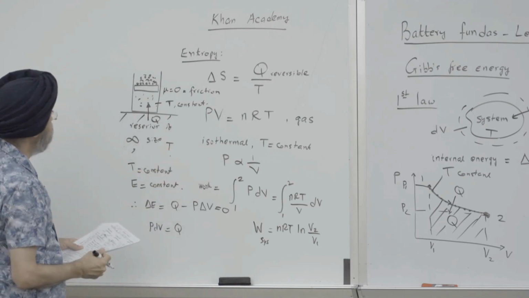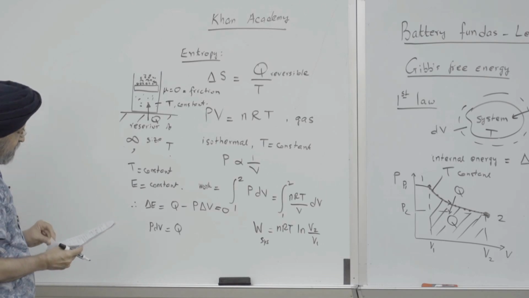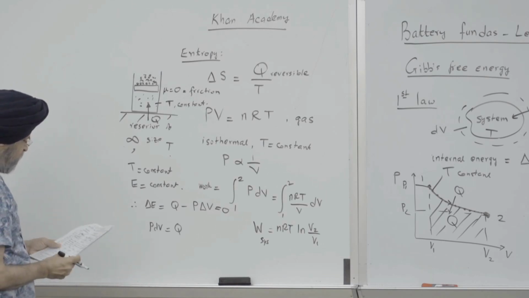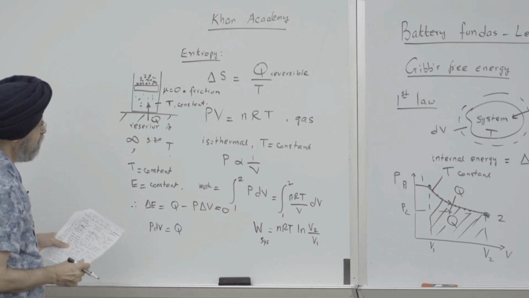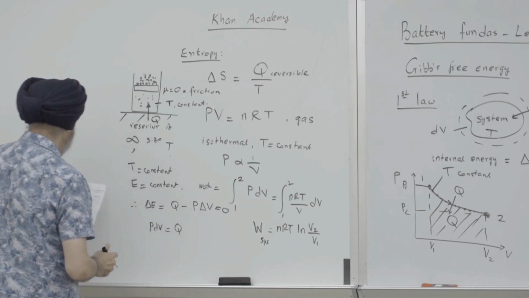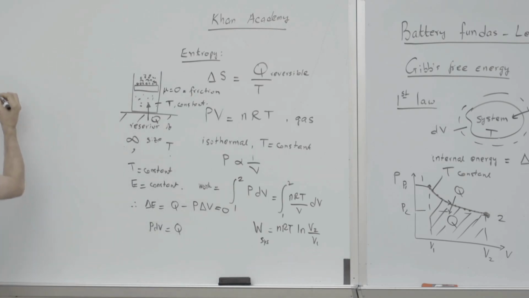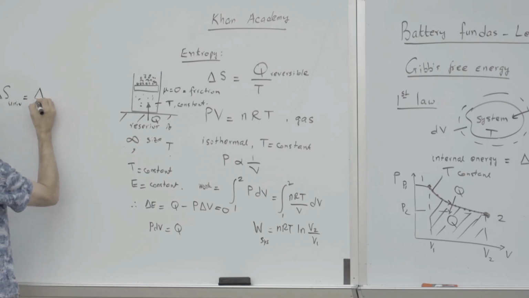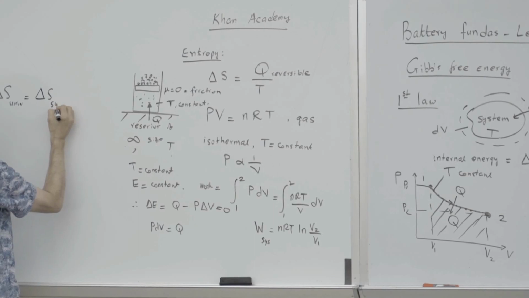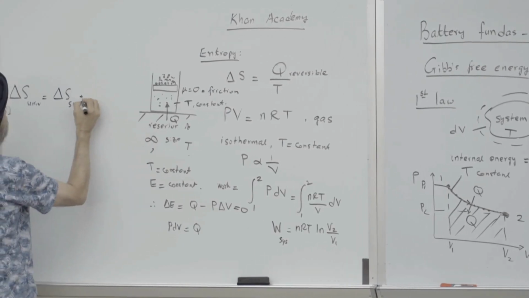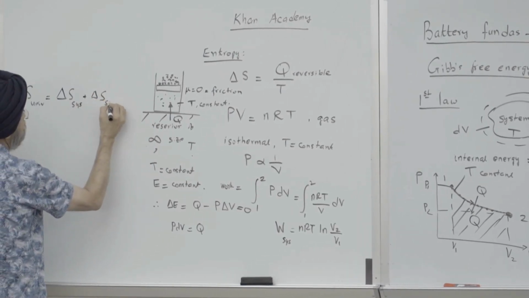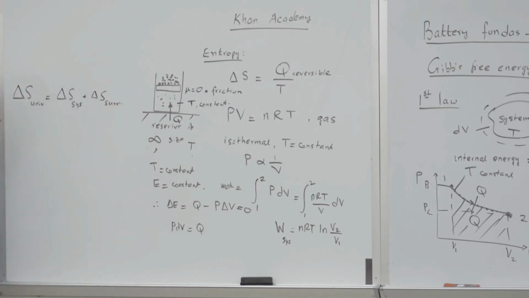So now, let's get back to the entropy portion of our thermodynamics. We're discussing entropy. The entropy of the universe, which includes all the stars, the sun, everything, is equal to delta S of my poor system over here on the board plus delta S of the surrounding.